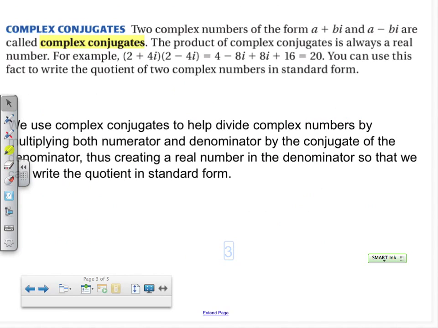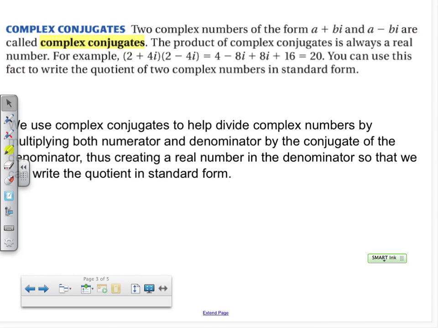All right? And that brings us to division. When we divide by complex numbers, to get into standard form, we need to do a little manipulation. We use something called a conjugate. Now, a conjugate should make you think of difference of squares.